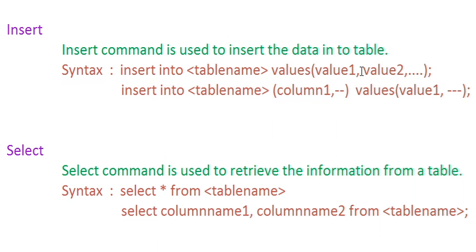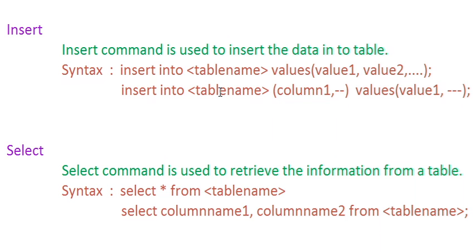Suppose a table consists of, let us say, 10 columns, but all 10 columns are not needed. Now I want to insert only 3 or 4 columns. You can use the insert command in that way also. See the second syntax: insert into table name, column 1, comma and so on, values, value 1, comma and so on.